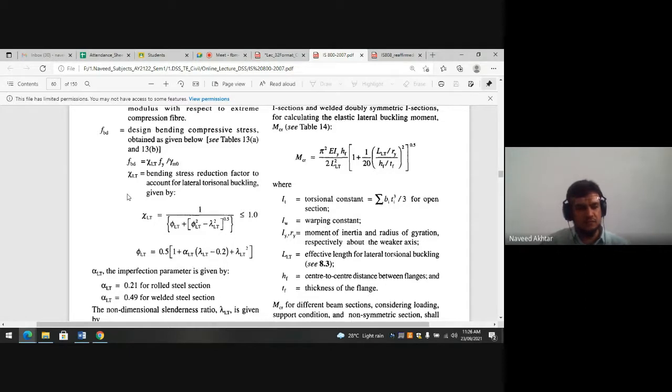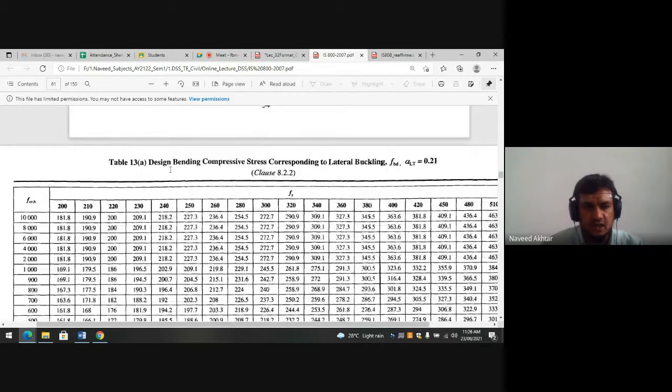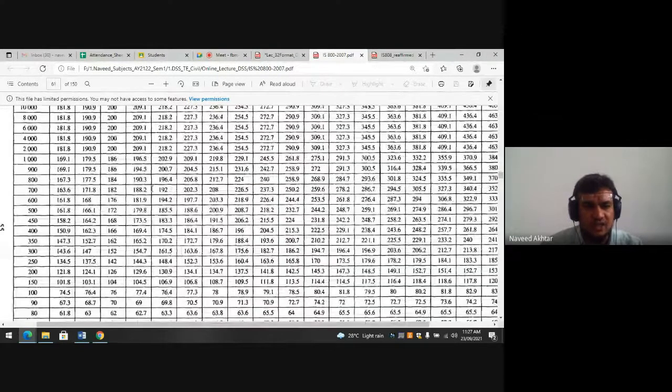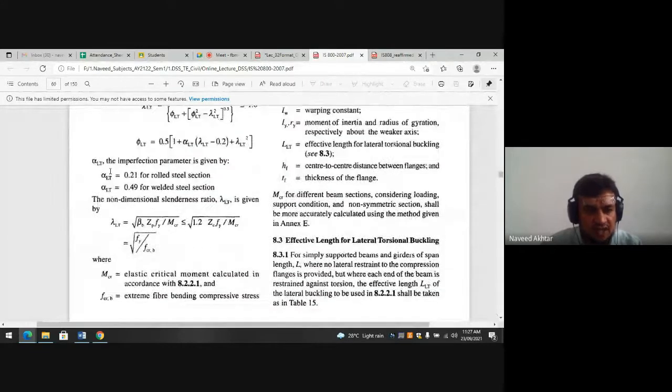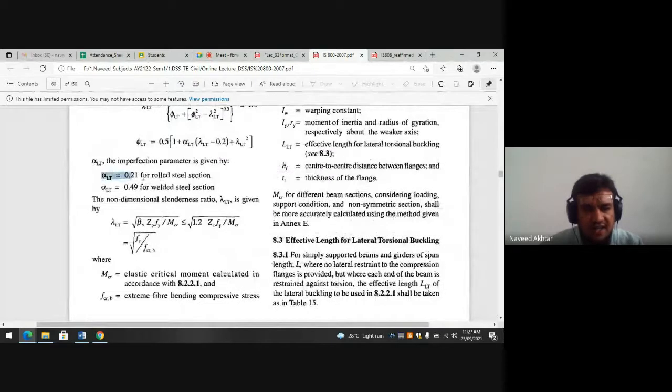But if you are going for the table, the IS code has given Table 13A and 13B, based on this alpha LT value, because in our case this is a rolled steel section. So in rolled steel section, you can see here on page number 54, the alpha LT is 0.21.